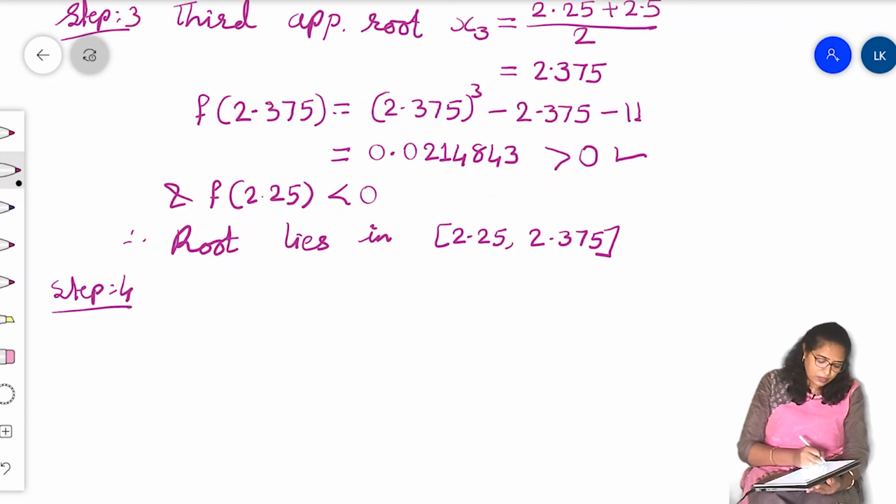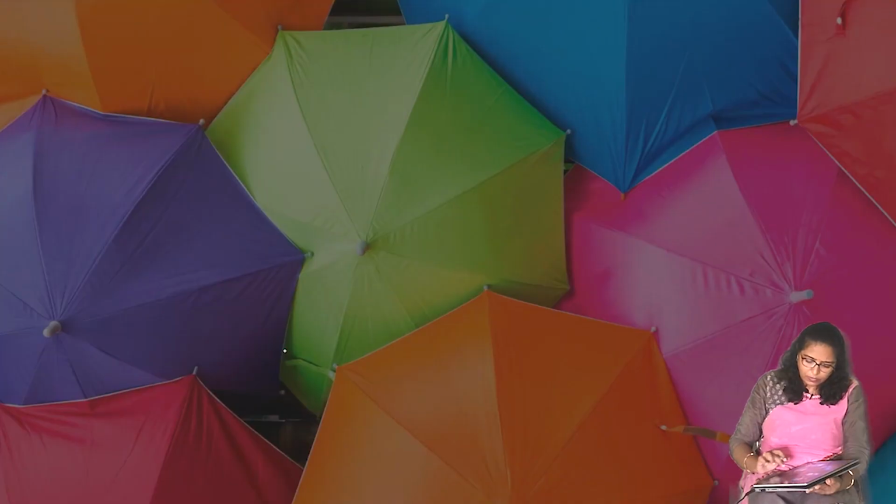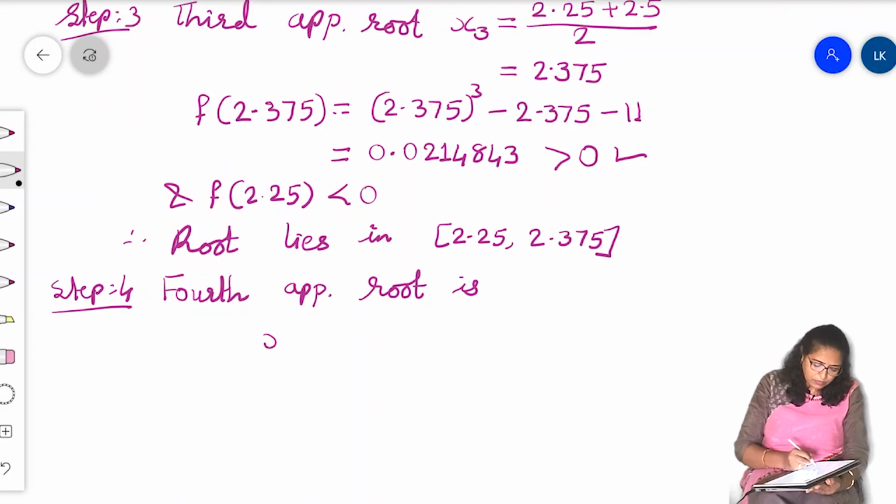Fourth approximate root is x4 is equal to 2.25 plus 2.375 divided by 2.